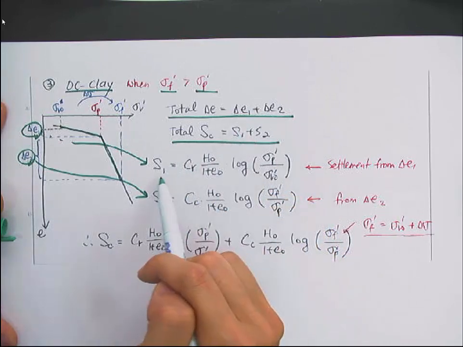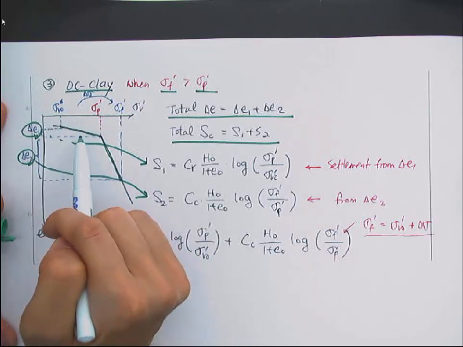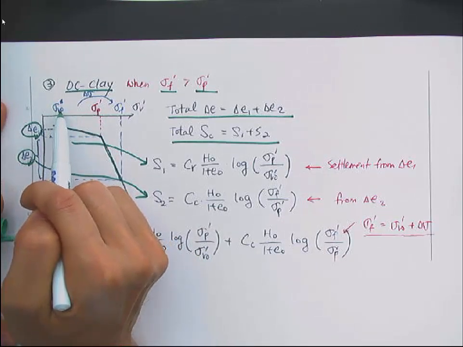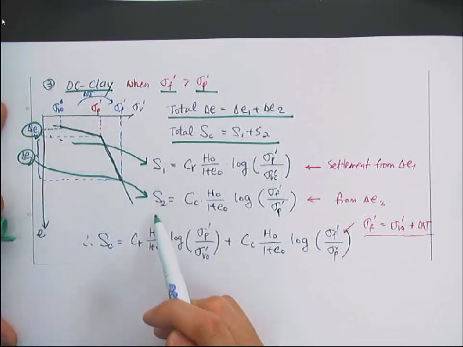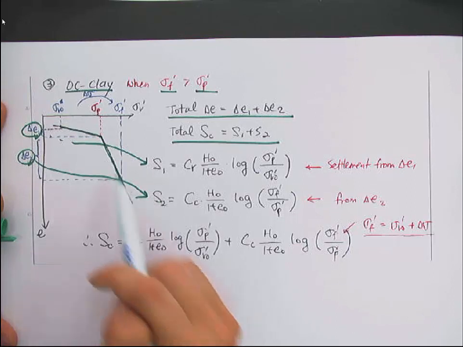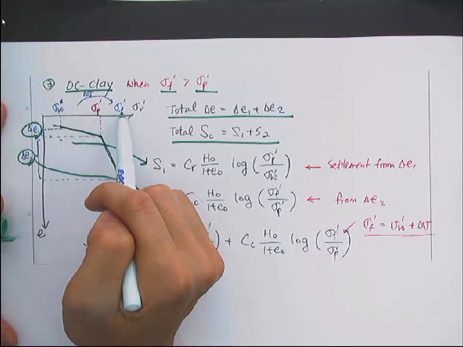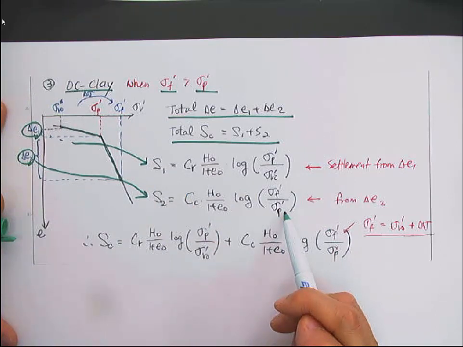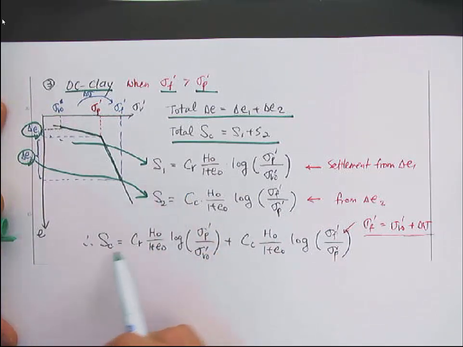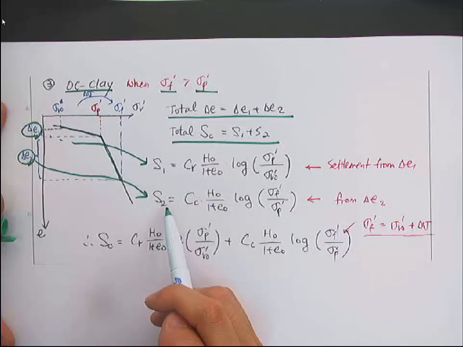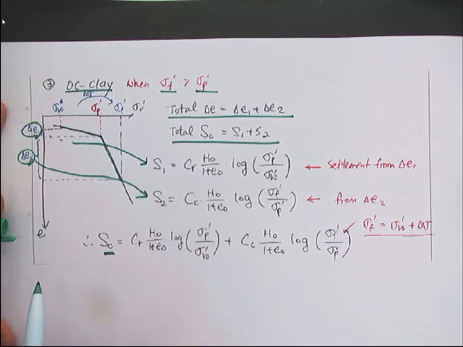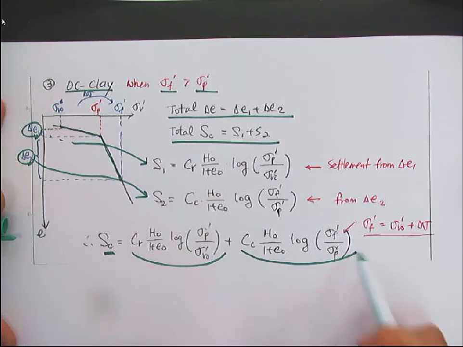S1 is from the void ratio change in this OC region, from sigma v naught to sigma p prime, and the second settlement corresponds to the stress change from sigma p prime to the final vertical effective stress here. Then you just sum up the two values, and you get the ultimate settlement. So here Sc has a first term from the recompression curve, and the second term from the compression curve.